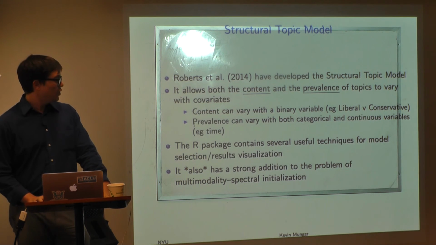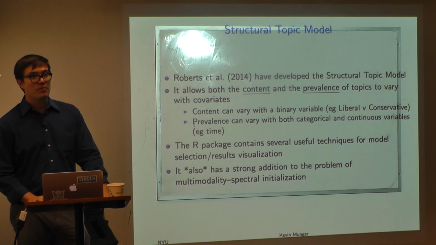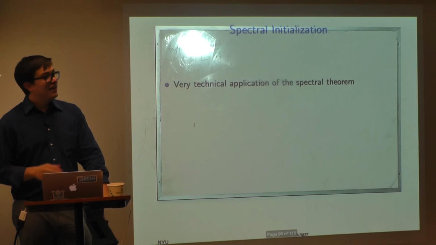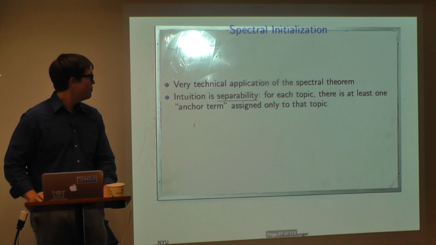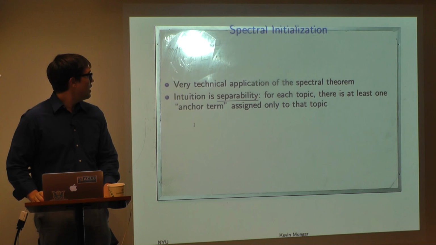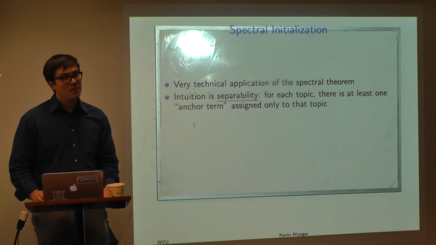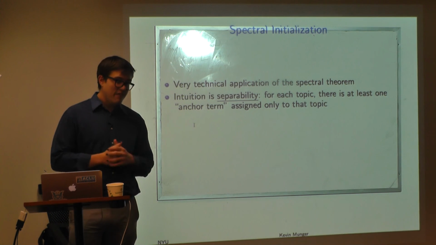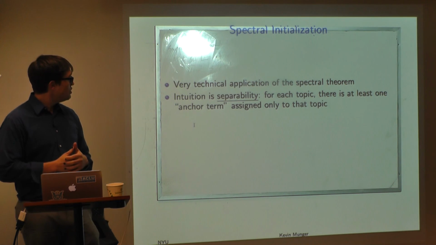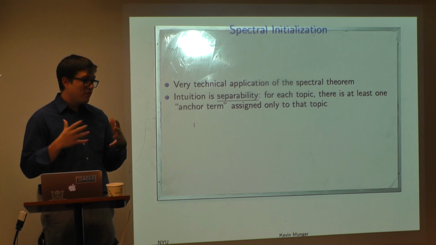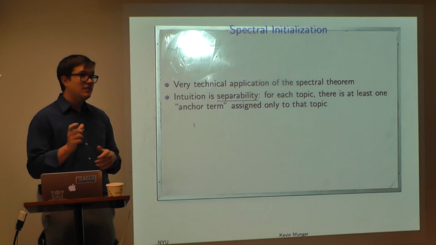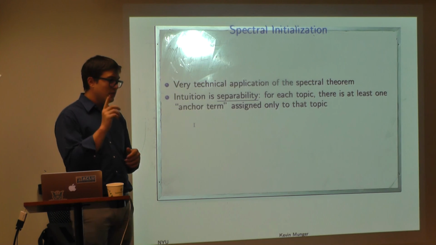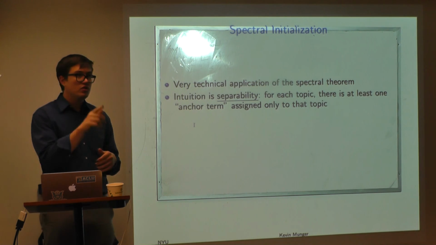It's something called spectral initialization, which is a pretty badass name. It uses the spectral theorem, which I don't want to get too much into, but the intuition has to do with separability. So if they can find certain anchor words, you can find an anchor word for each topic and assign that word to only one topic.